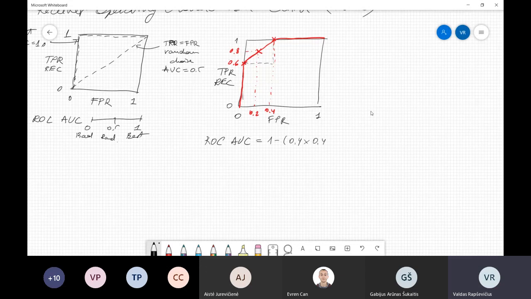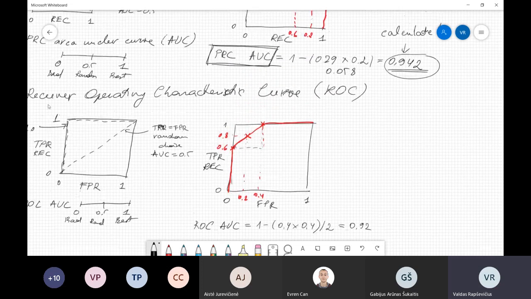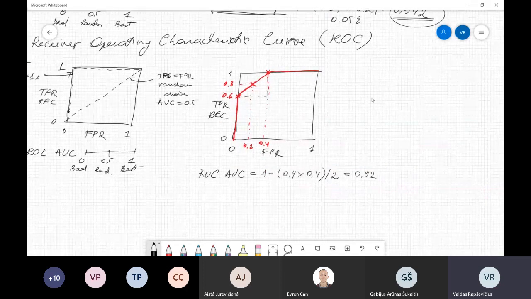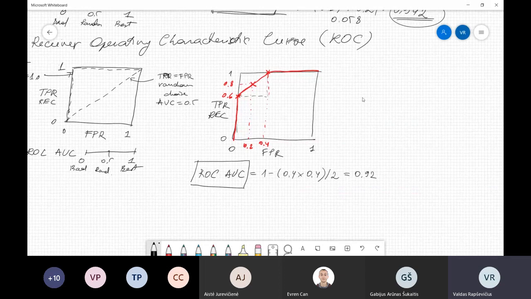Times 0.4, and this is divided by 2. 16, it's 8, 0.08, so this is 0.92, 92 for our situation, okay? So this is how you can basically compare. Again, this is a very popular metric, which can be used for comparing classifiers among themselves. So ROC, area under curve, is again a metric for your classifiers, for your convenience.